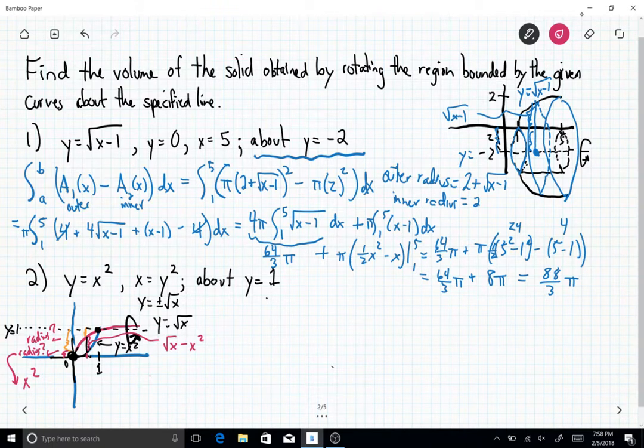And then the other distance, what should that be? Well, that should be 1 minus the square root of x.